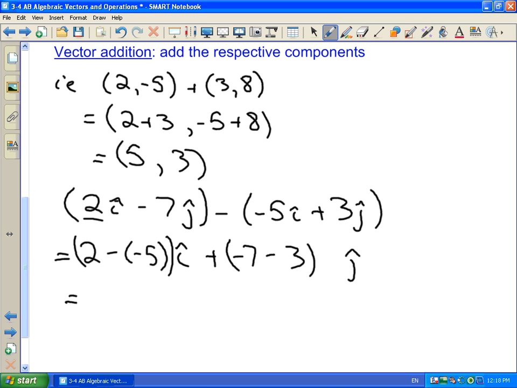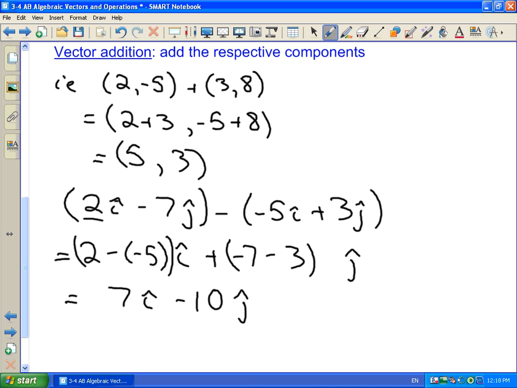So 2 minus negative 5 is going to give us 7i hat, and negative 7 minus 3 gives us negative 10j hat. And there's our new vector. Okay. So again, the numbers here we can use to get the magnitude, and we can get the direction from that as well. So all the information we need about our vector is contained in this notation.